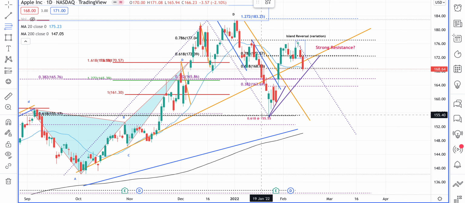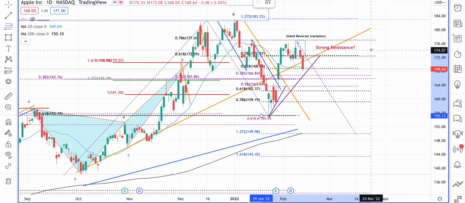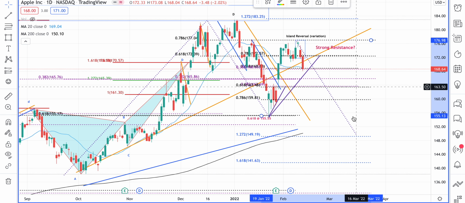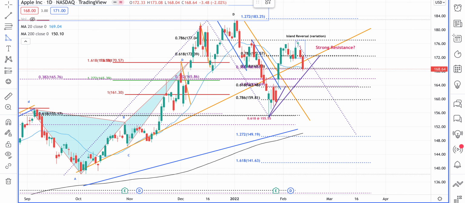And also if I take the expansion of this, around here we have also the 1.272 expansion coming around the $150 level. So there is a confluence of levels coming together.